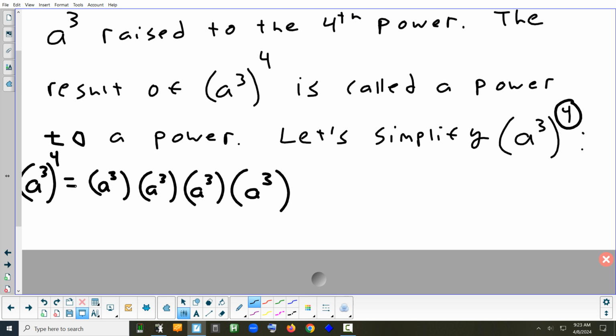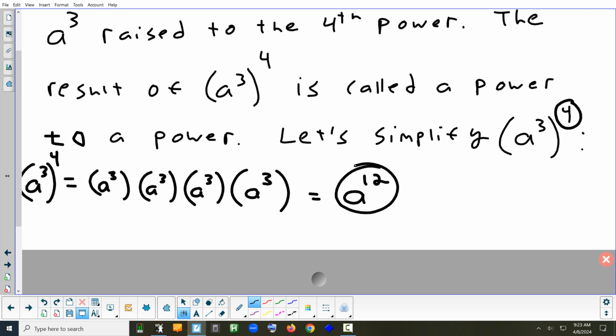Now we can simplify this using the rule that I just taught you. What's the base on all of those? A. So we're going to have an A. And when you're multiplying things with the same base, what are you supposed to do with all those exponents? Add them all up. Yep. So what would you get for an exponent if you added all the 3's up? 12.